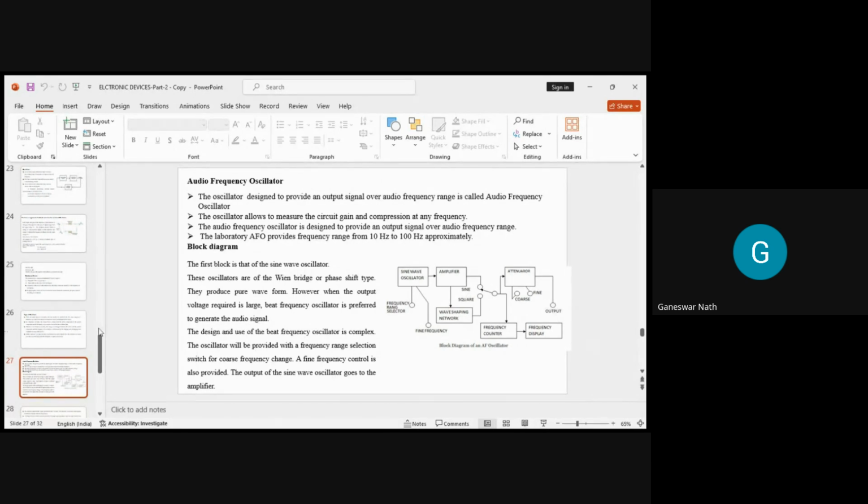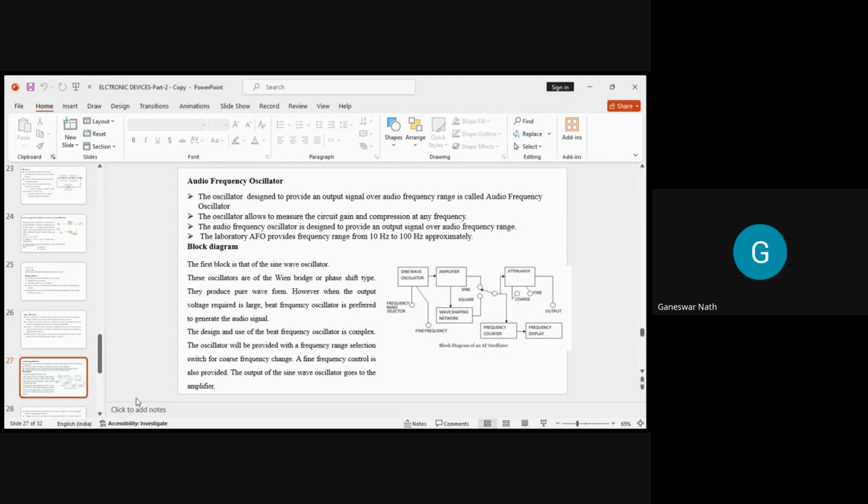The first block is the sine wave oscillator. These oscillators are of the Wien bridge or the phase shift type. They produce a pure waveform. However, when the output voltage required is large, a beat frequency oscillator is preferred to generate the audio frequency signal. The design and use of the beat frequency oscillator is quite complex.